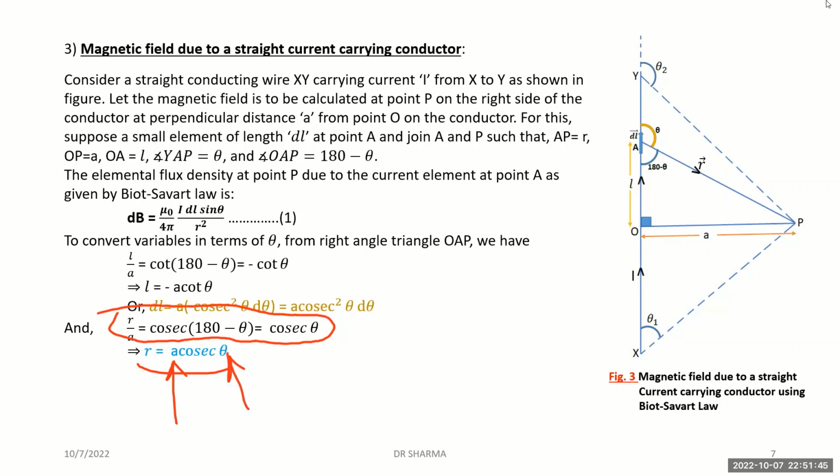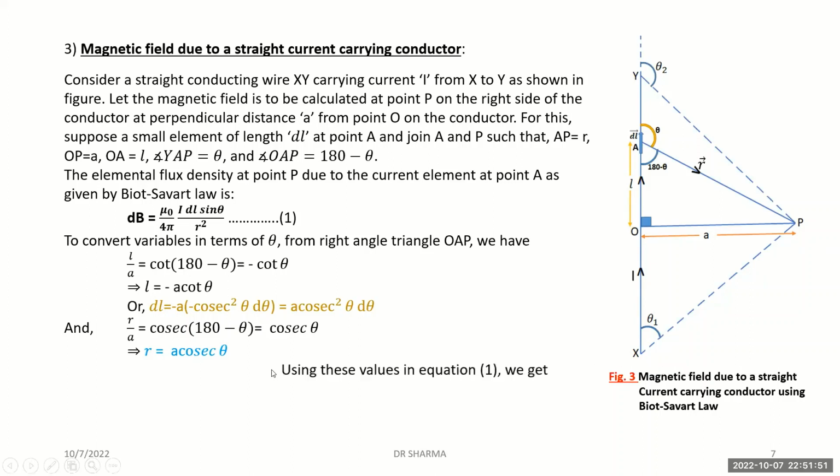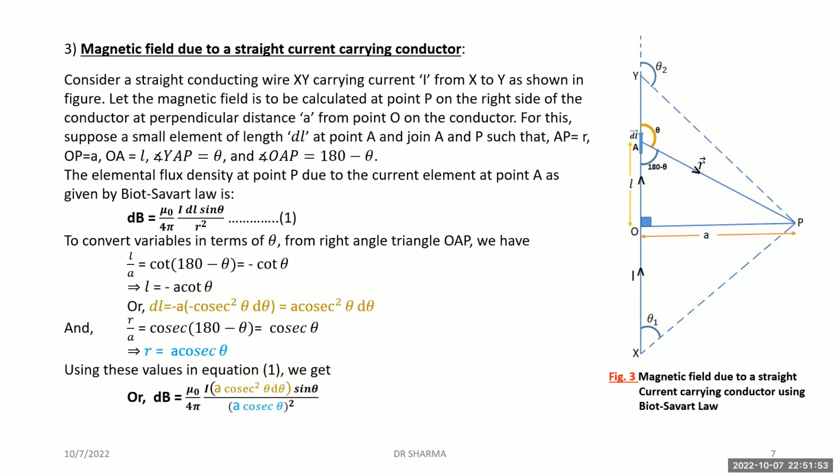Now, replacing those values in equation 1, we get mu naught I upon 4 pi, the same here. dl is converted to the theta variable and a constant, a cosec square theta d theta.